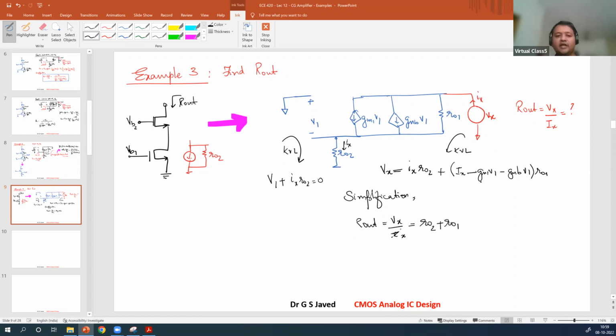Now all the negative terms multiplied by a negative term here will become positive. What is that positive value? GM1 RO2 plus GMB1 RO2, times RO1. Take RO1 outside. This will become RO2 plus RO1 times GM1 RO2 plus GMB1 RO2. So this is the total output impedance. Understood? The calculation is very simple. You just have to understand how to do it.